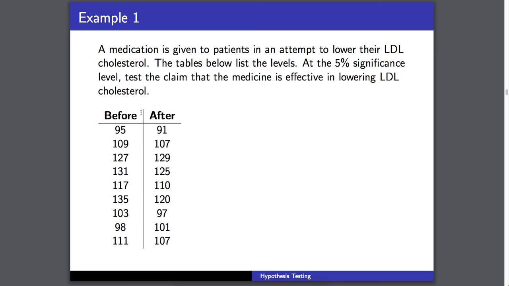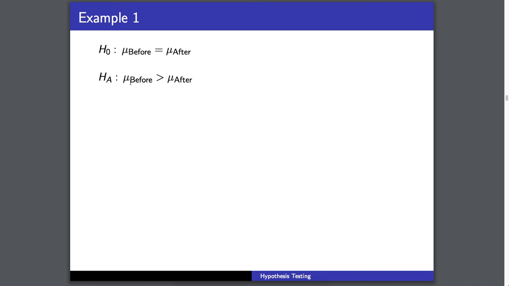If it lowers it, that means the before values would have to be greater than the after values in order for it to lower the cholesterol levels. So for the before to be greater than the after, our population mean before is greater than our population mean after. This one's going to be a right-tailed test.